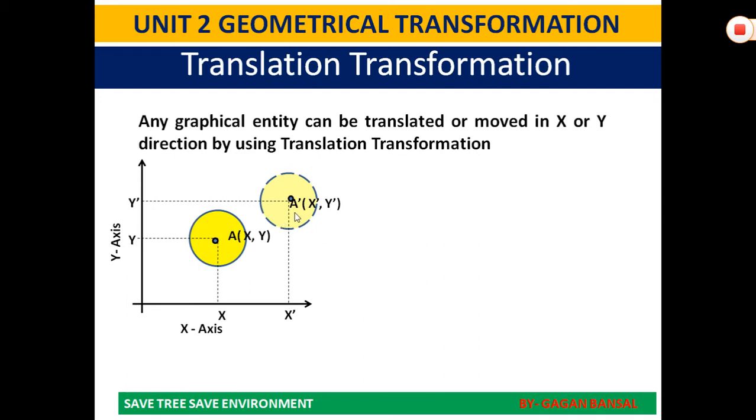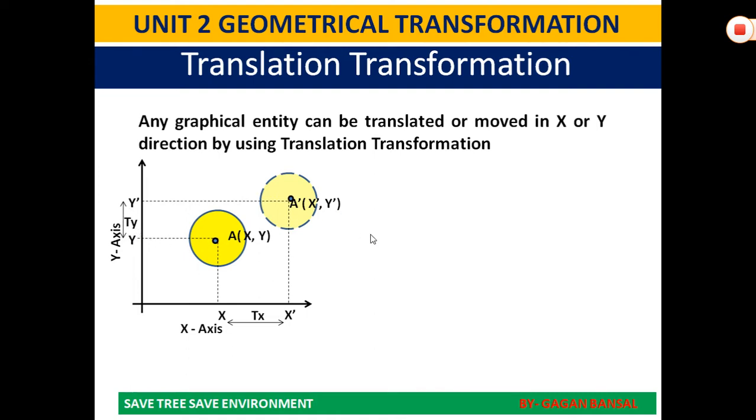That means the coordinates of the new position is now x dash y dash while we are concentrating ourselves to 2 dimensions. So it means that it has translated tx units in say x direction. That means the distance x to x dash is tx, and similarly it has traveled a distance ty, that is translation unit in y direction, that is from y to y dash.